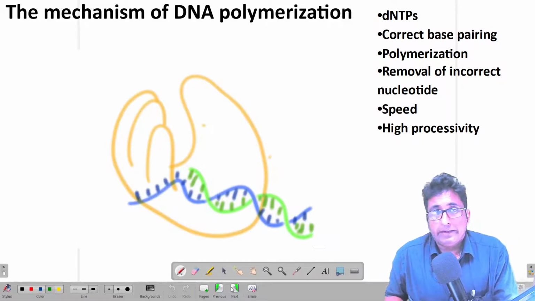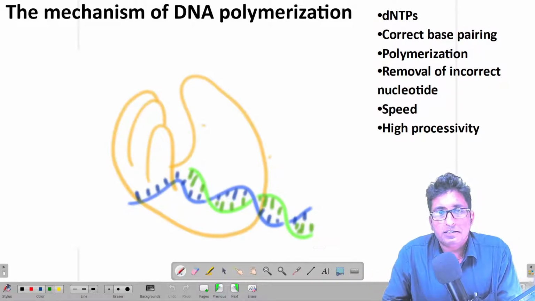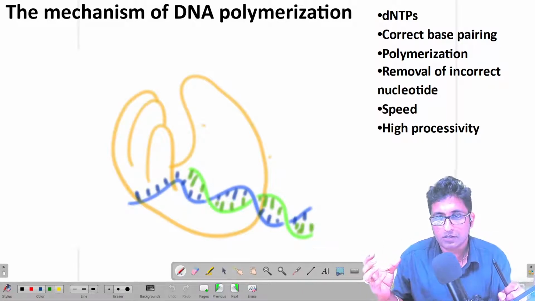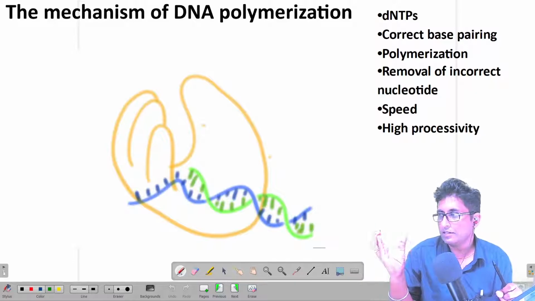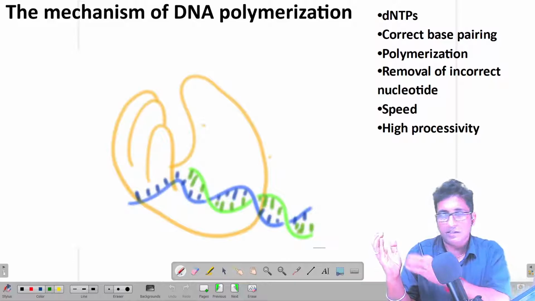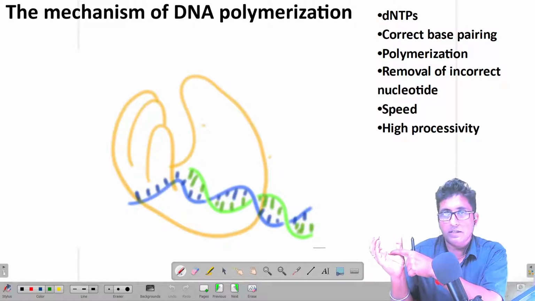Now we have the important enzyme, the DNA polymerase itself. It is thought to be three-dimensionally structured. If you see, it is something like this, with the thumb region, the finger region, and the palm region like this. And the active center is around this place approximately.